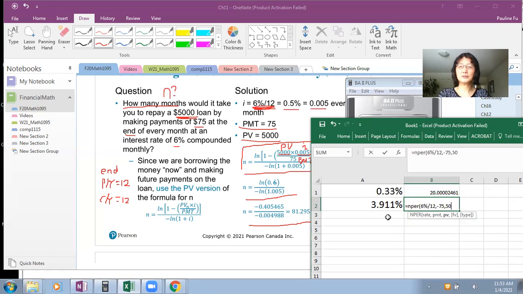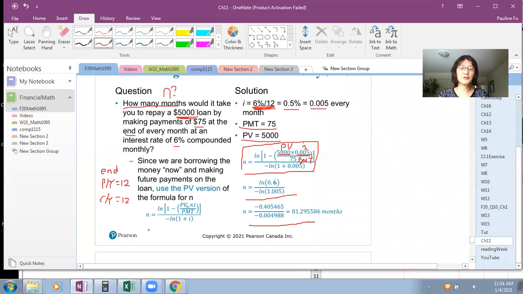PV is the loan, 5,000. FV is 0, type is 0. And you get this amount. This is the formula. So this is the Excel method.